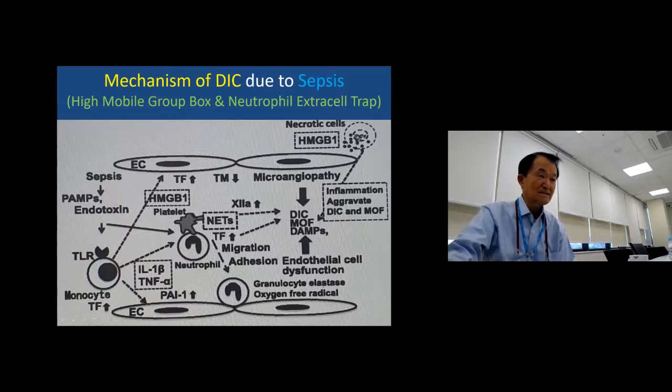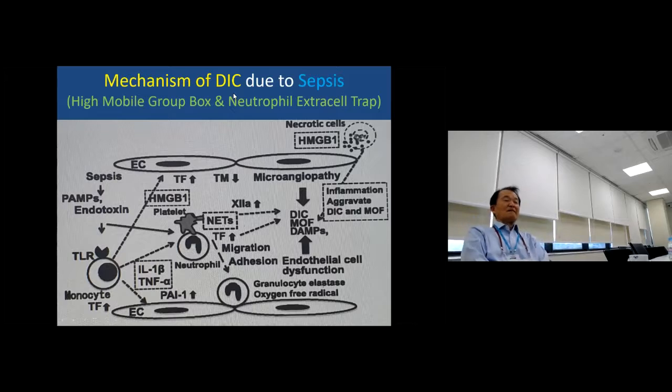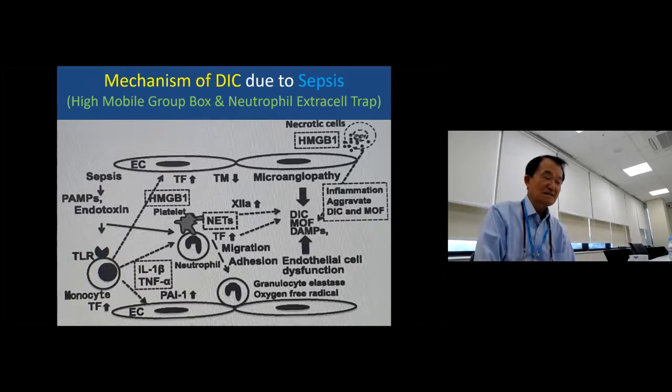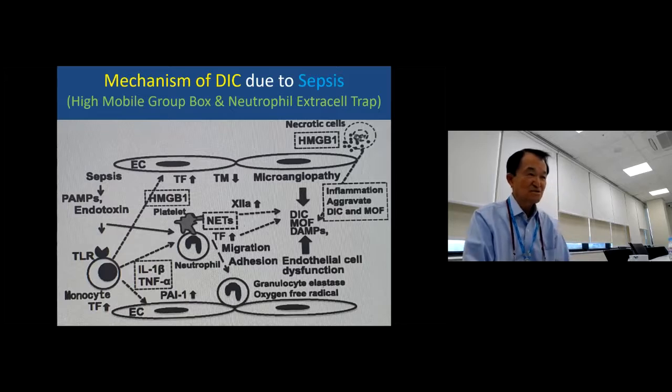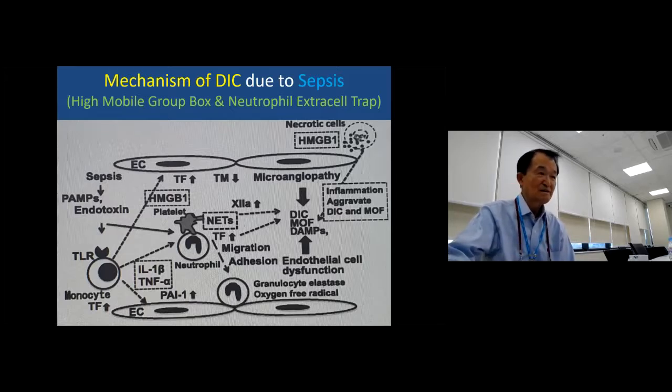So that's a common major clinical problem in the ICU. ICU patients usually have this sepsis and eventually die of disseminated intravascular thrombosis.